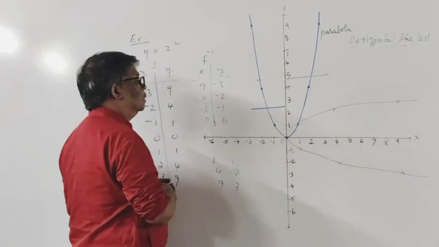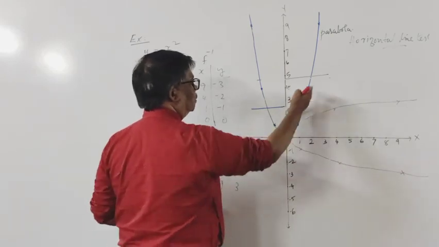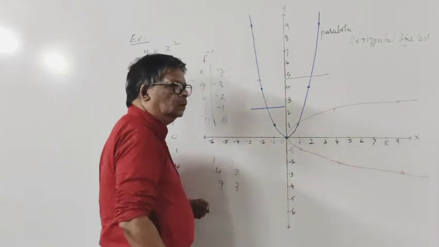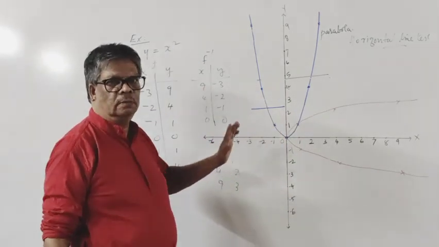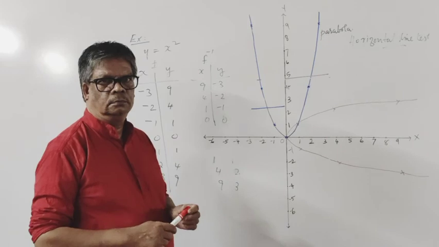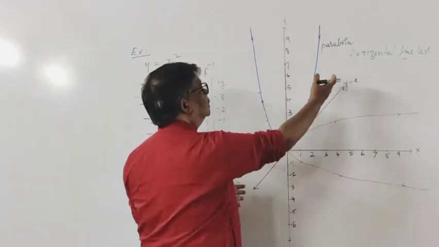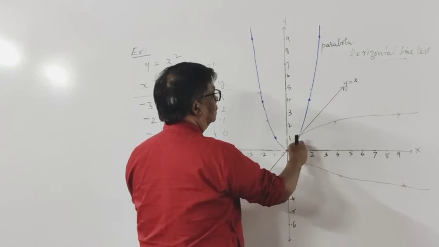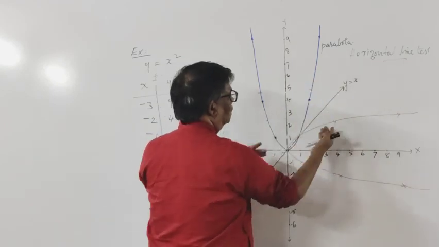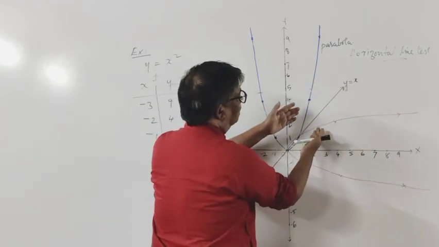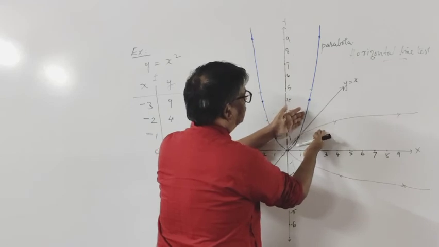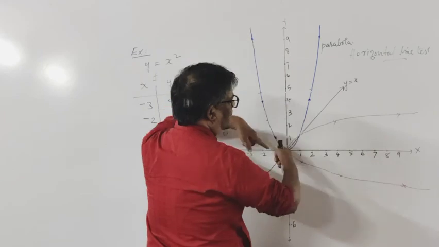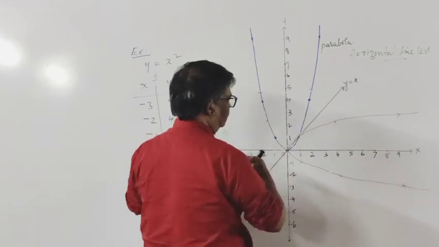Now, as before, if you draw the line y is equal to x, these inverses will be mirror images of each other about that line. So it is very clear that this curve and this curve are mirror images of each other about this line. Similarly, these two curves are mirror images of each other about this line.